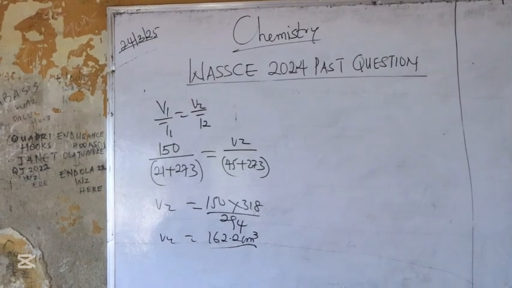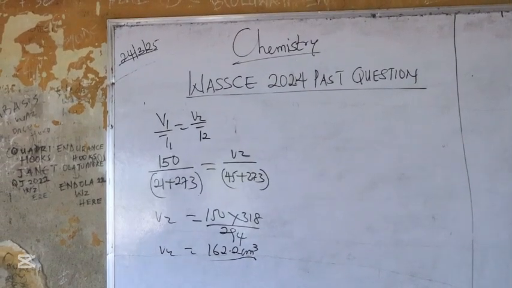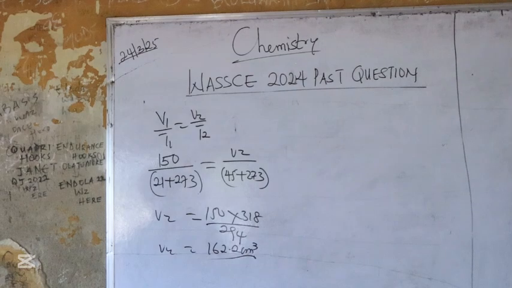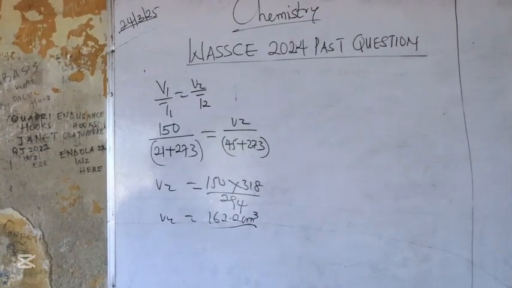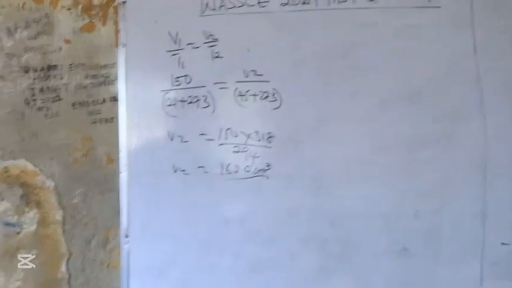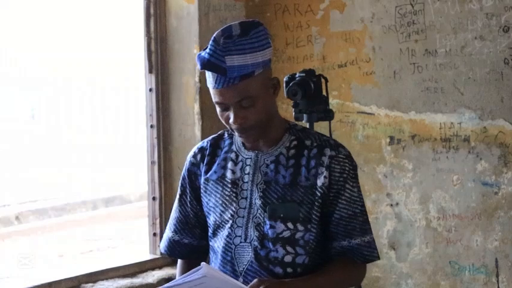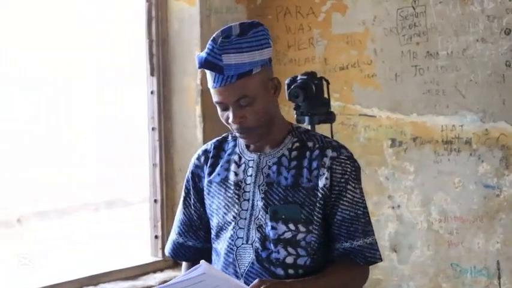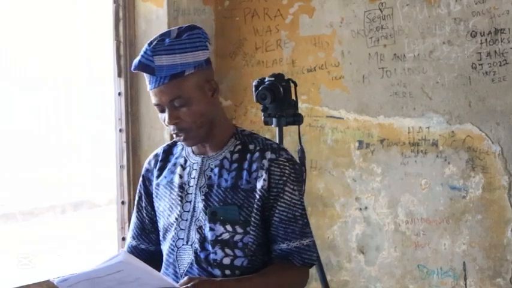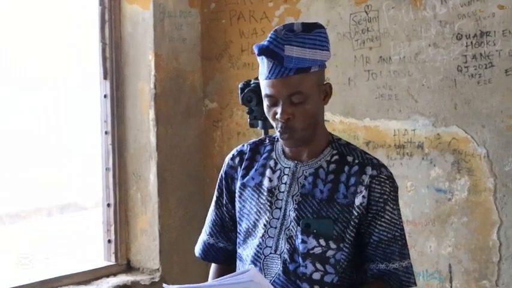Chemical equations. Write chemical equations to illustrate what happens when each of the following oxides is dissolved in water. 1.